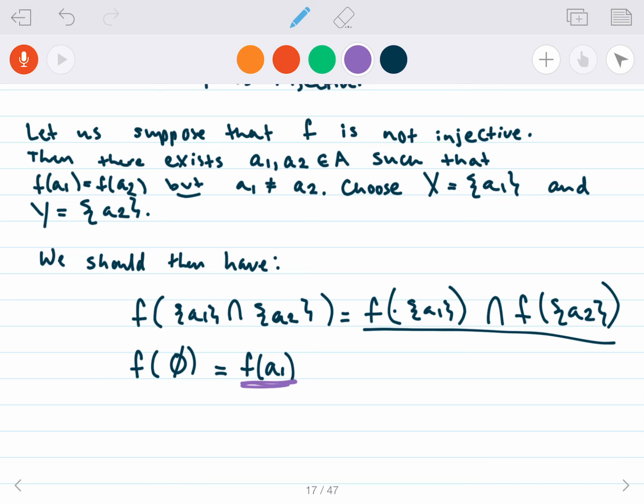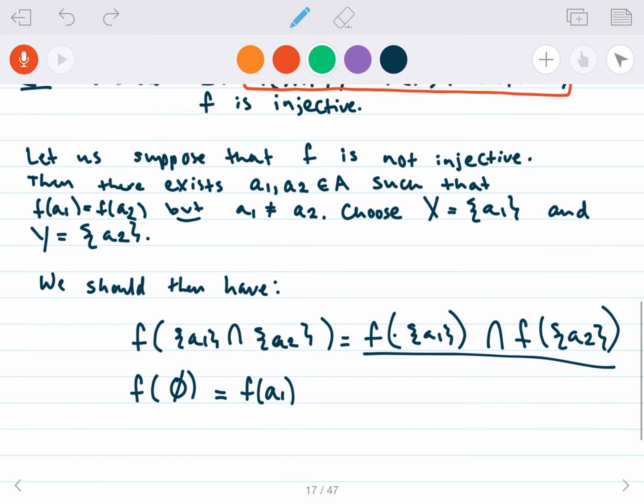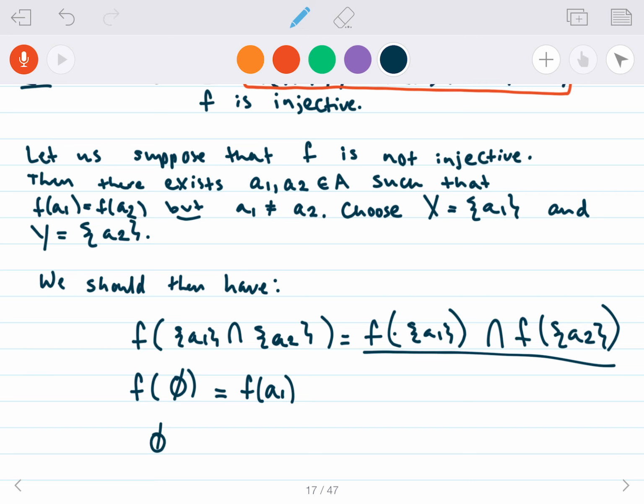But this is non-empty, right? We chose a1 and a2 to be elements such that f of a1 equals f of a2. But whenever we apply a function to the empty set, it's always going to be empty. So f of the empty set is the empty set, and it's saying that this is equal to f of a1, but f of a1 is not empty by assumption. So this is a contradiction.